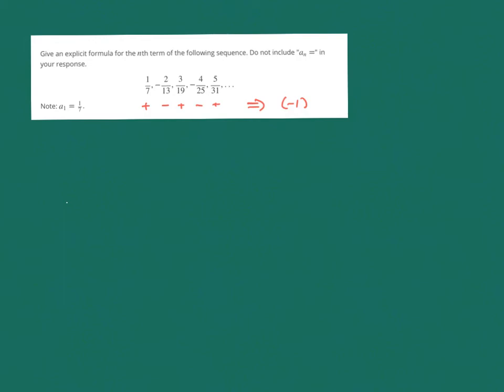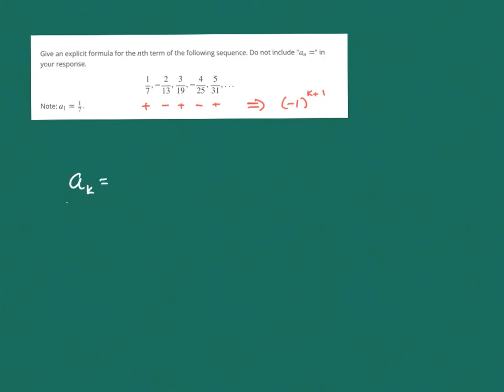Since I want my first element to be positive for index 1, I can either add 1 or subtract 1, depending on what my index is. If I take minus 1 to the k plus 1, now I can actually get a formula for this sequence.